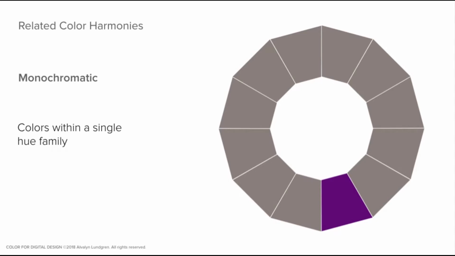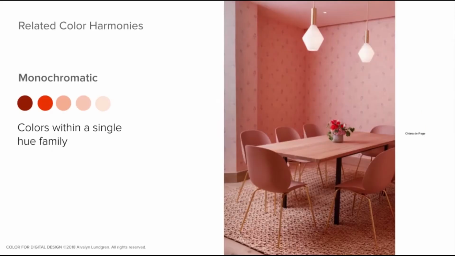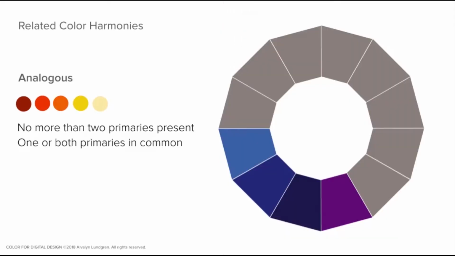That's going to give you the overall scheme, but there will be other colors that don't fit within that scheme construct and act as accents. So this image shows a space that is decked out in various reds. So there's pink, there are warmer reds, there's some cooler reds. The overall sensibility is that it is a pink room. It has a variety of members of the red hue family.